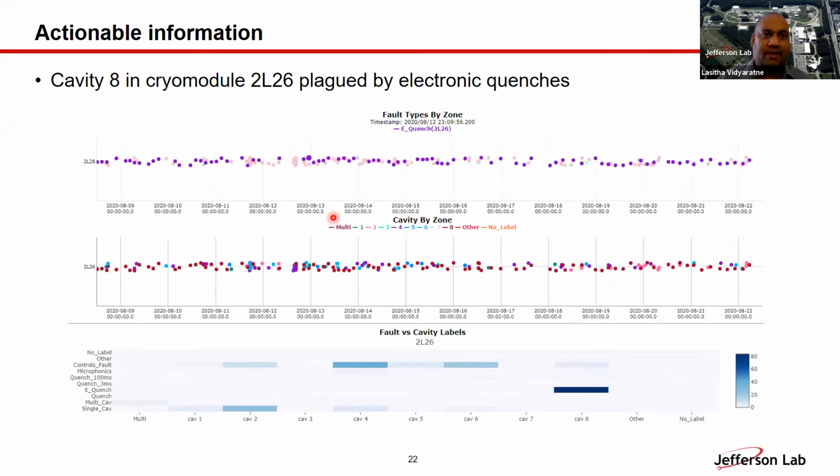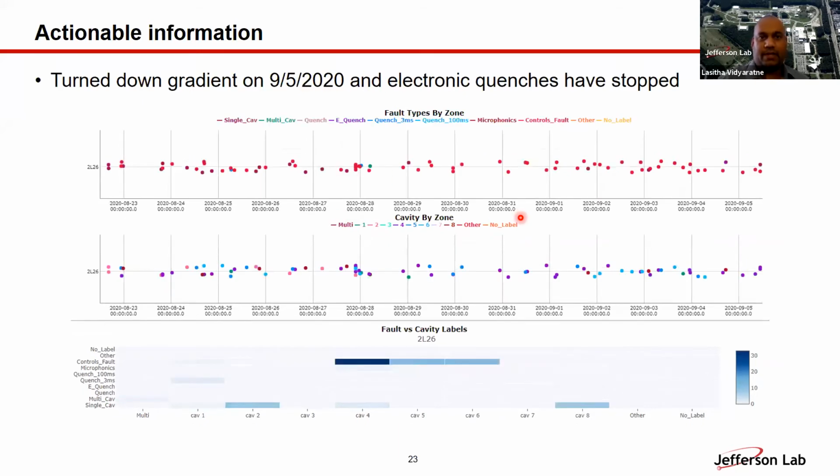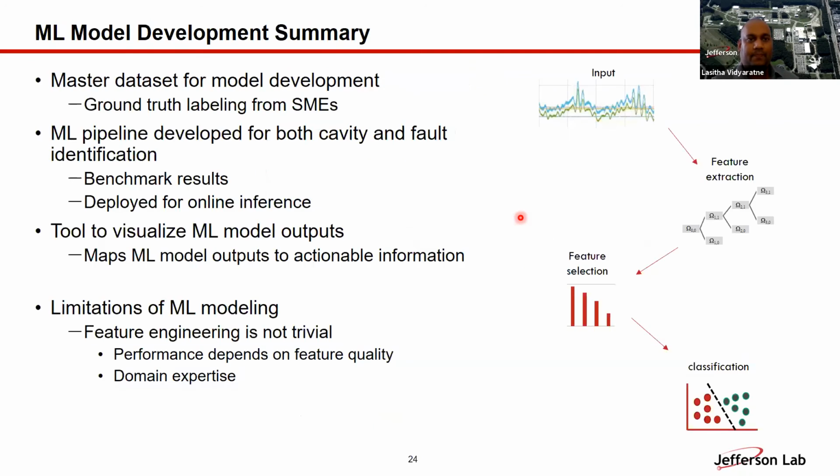Another case, cavity 8 in cryo module 2L26 was plagued by electronic quenches, you can see here. And the operators were able to use that information to reduce the gradient on that cavity on September 5th, 2020. And the electronic quenches as a result have stopped. So these are some of the actionable information our models were able to provide within this period of run.